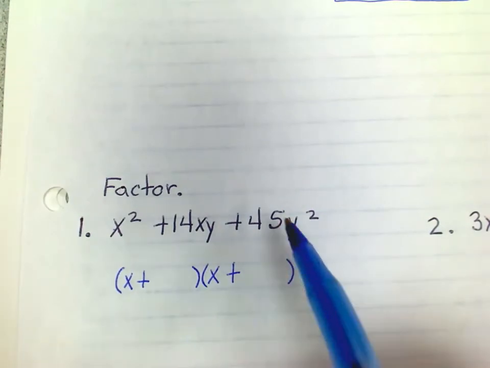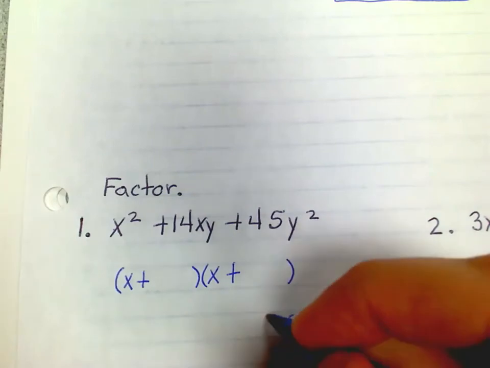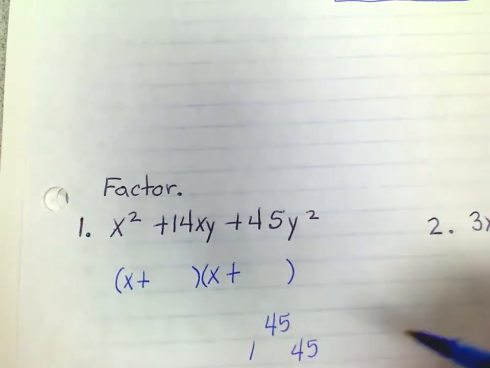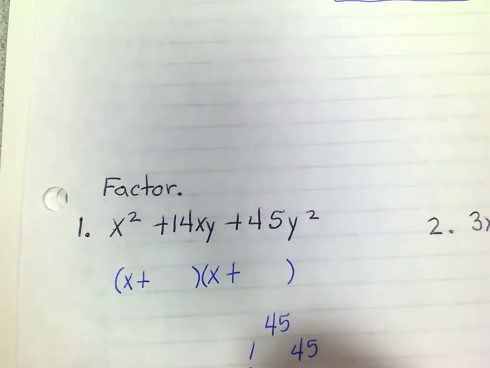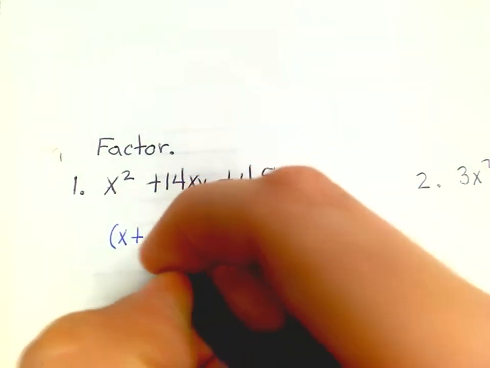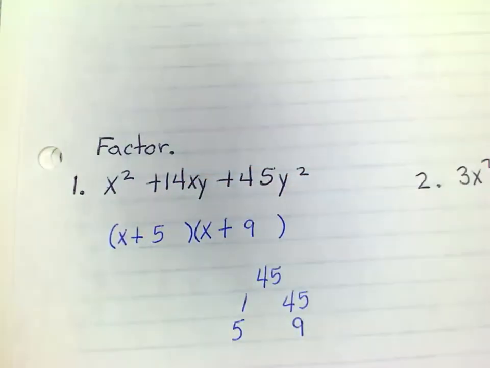Think of the factors that multiply to give you 45. That would be 1 and 45, and I believe the next set would be 5 and 9. Since these are both positive, we do not have to worry about minuses in this case. So let's place a 5 here and a 9 there.